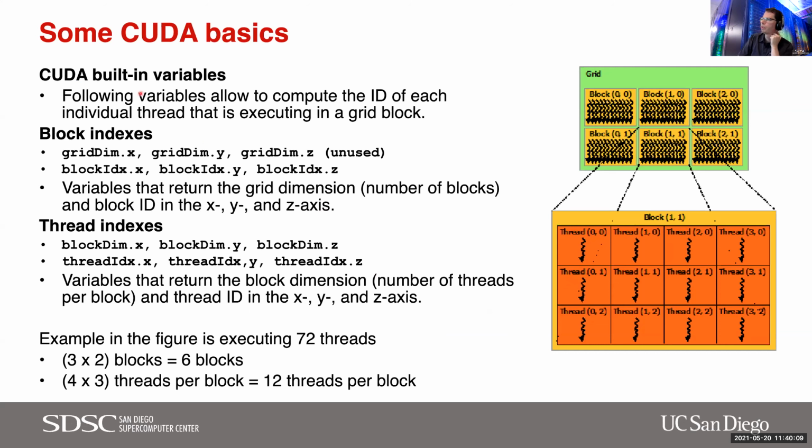So in this example here, let me talk first about the built-in variables, right? So you have the variables here that you can query in order to understand which ID each of those threads has. There's the grid dimension, and these are three-dimensional variables. So you have an X, Y, and Z component. The Z component for grid dimension is unused.